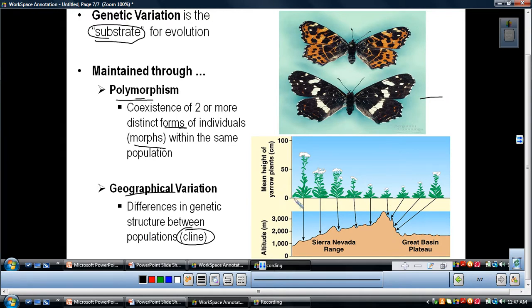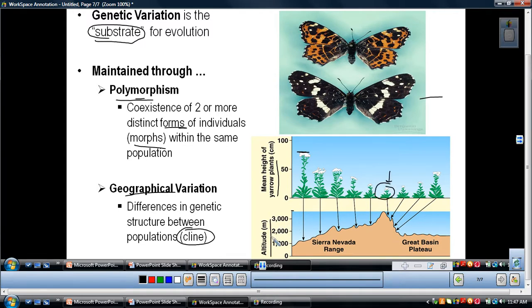For example, in this diagram, the environmental variable is altitude. You can see that this is a population of yarrow plants, and they're looking at the height of the yarrow plants. In the Sierra Nevada range, the height of the plant ranges up to about 75 centimeters at its tallest, but then as the altitude changes and you get up to the highest point of altitude, which is over 3,000, it's more like 3,500 meters, then you see the shortest type of plant.